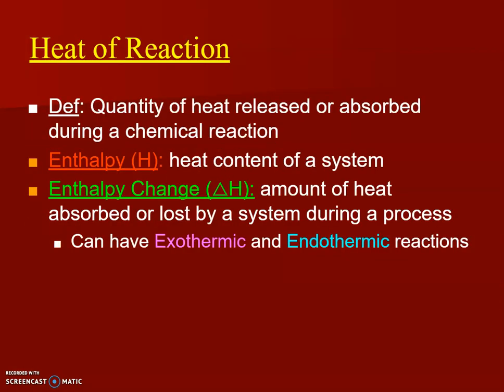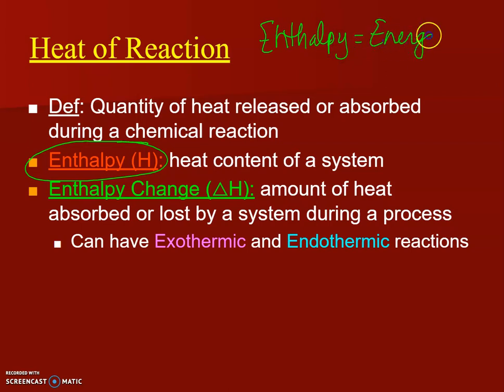What this brings us to is talking about how energy is going to be measured in a reaction. One of the big words that you're going to see this chapter is enthalpy. Enthalpy is the energy associated with it.